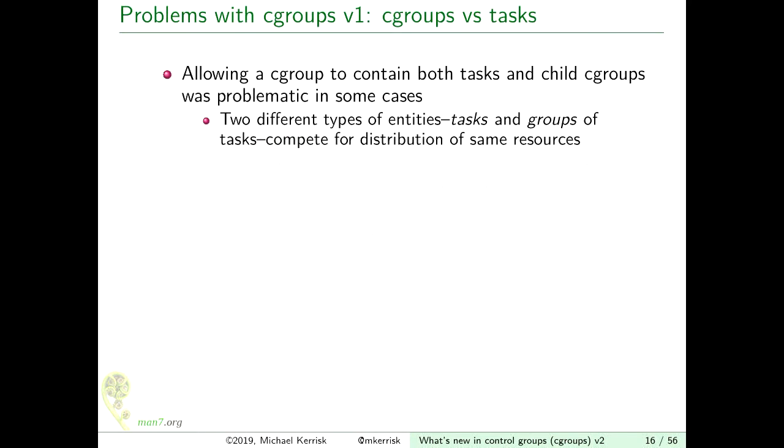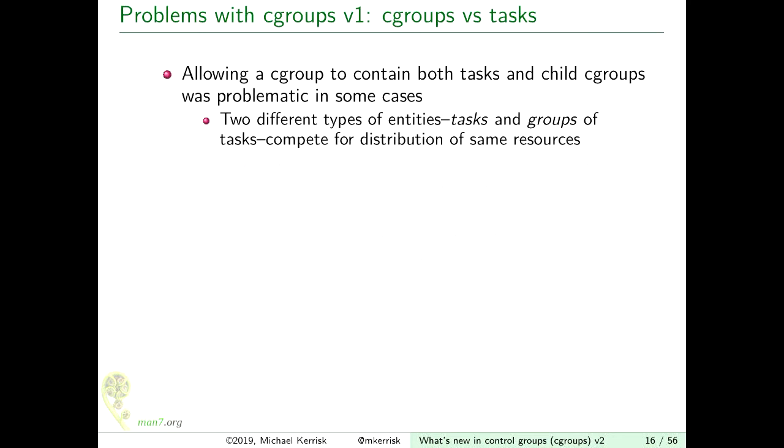Okay, some other problems with Cgroups version 1. In Cgroups version 1, you can have a Cgroup that both contains tasks, threads or processes, and has child Cgroups. Now, this isn't problematic in itself, but the problem is that if you have a Cgroup that has some member processes and some child Cgroups, different controllers understood that situation in different ways.